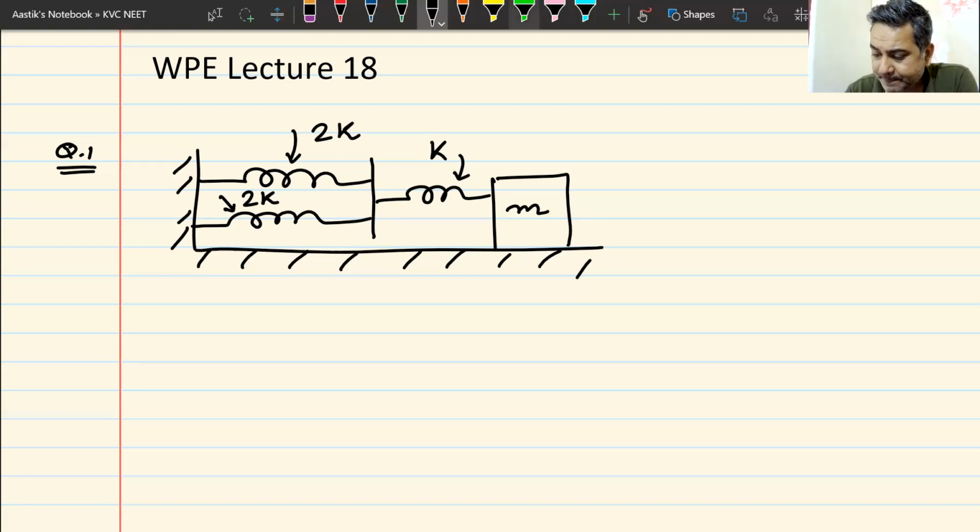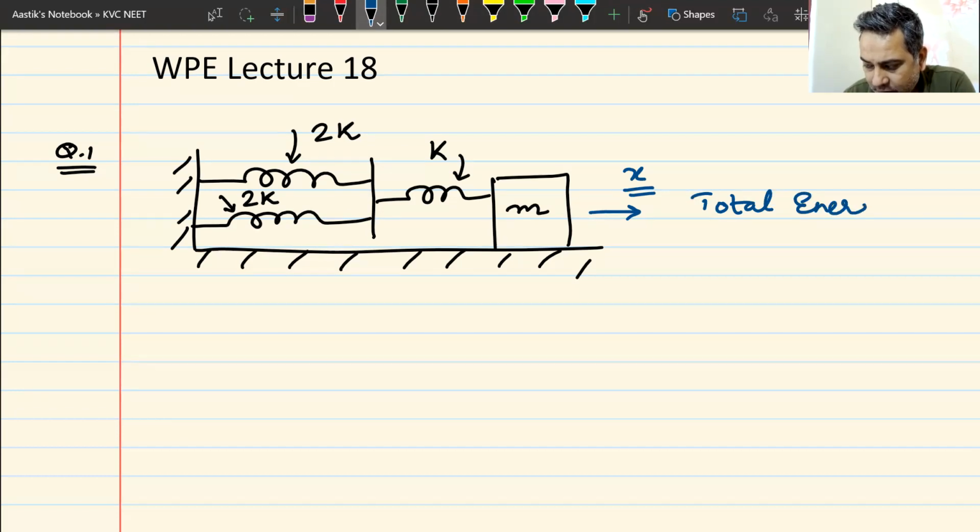If I move this block by an amount x, what is the total energy stored in these springs? What is the total energy stored? Now, instead of calling it the total energy, the question can come in a different way.